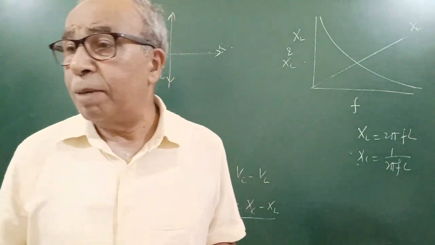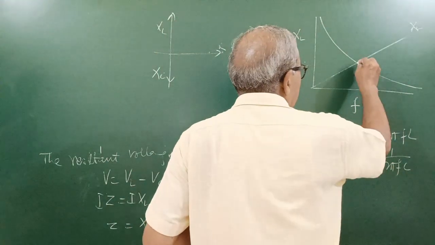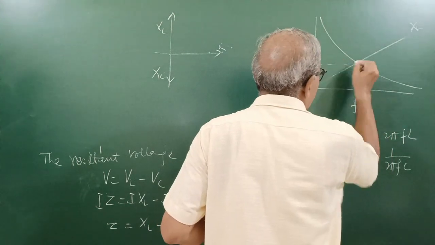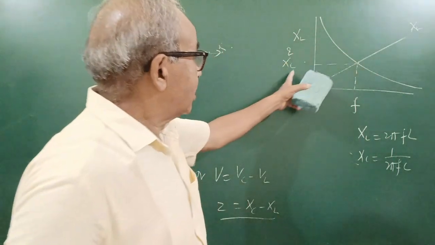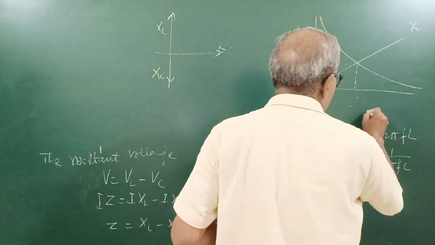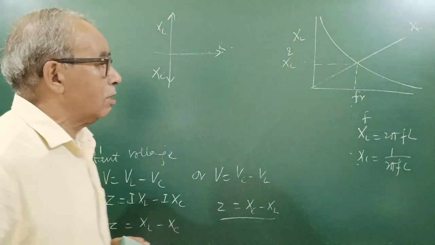So they are in opposite direction: if XL is from left to right, XC is from right to left. And at this frequency, what is happening? The two are equal. XL and XC are equal, and this frequency is called FR, the resonant frequency.